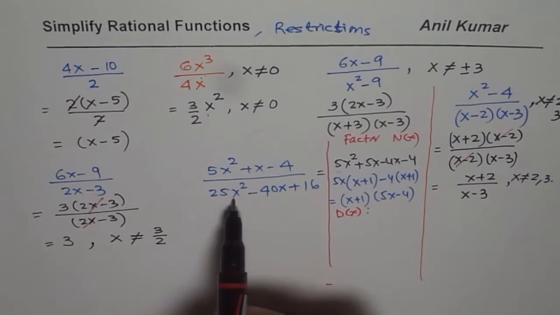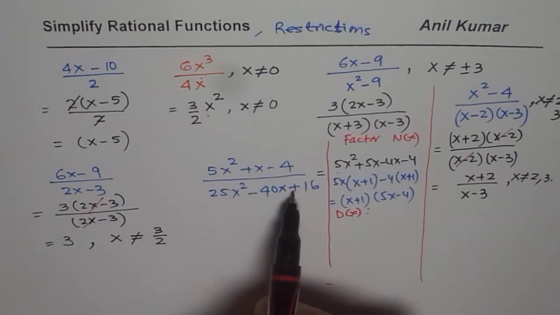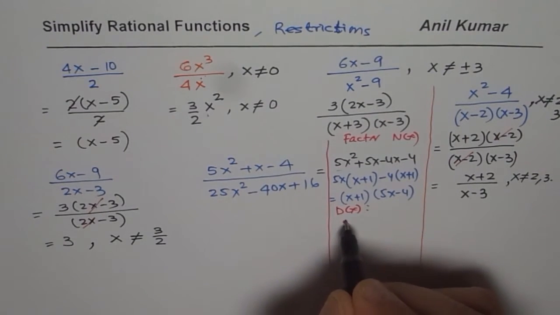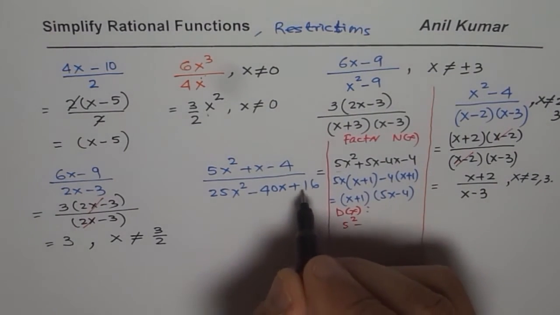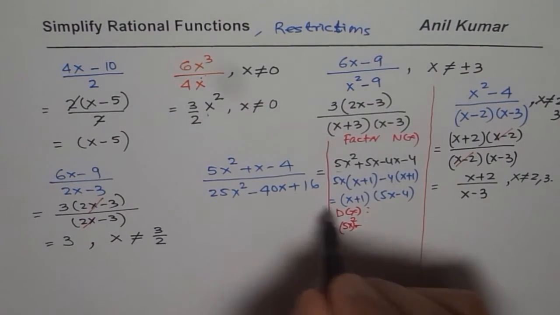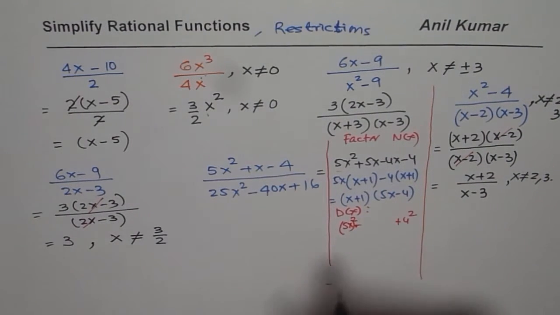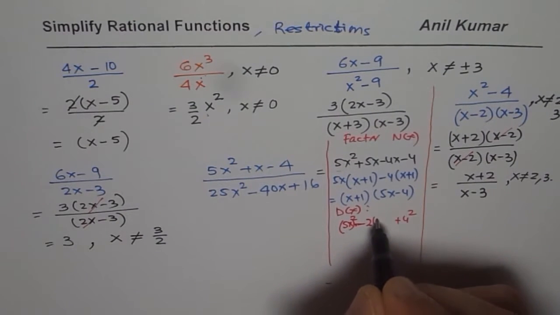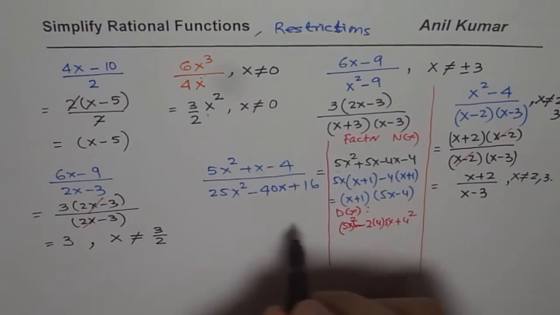Now let's do the denominator part. Now we have 25x squared minus 40x plus 16. So 25 is 5 square, right? So we could write this as 5x whole square, and 16 is 4 square. 2 times minus 4 times 5x is the center term.